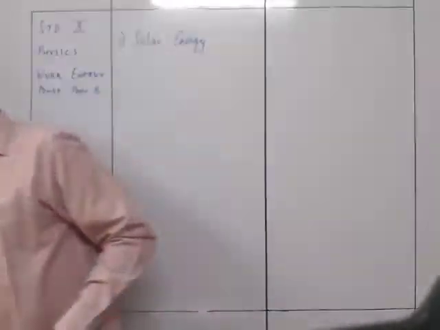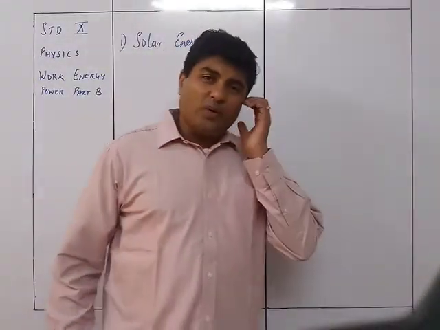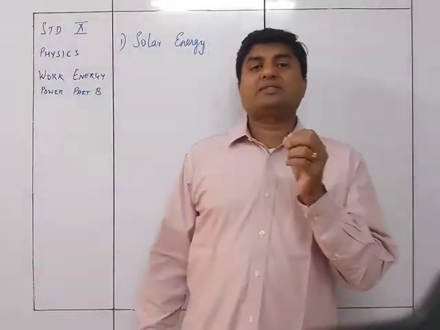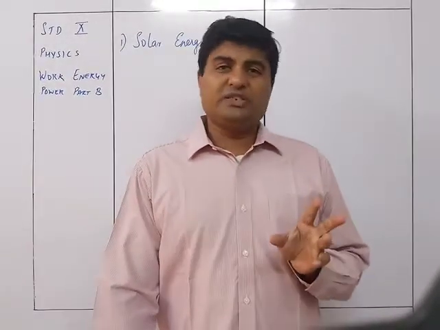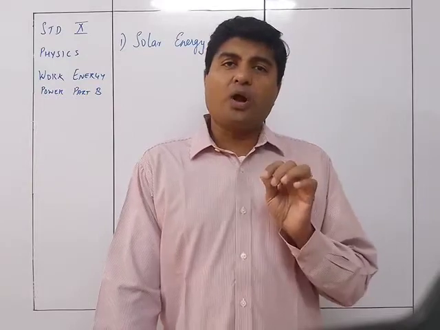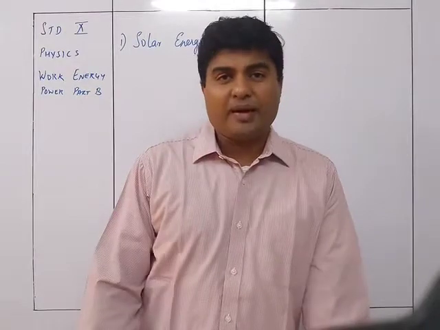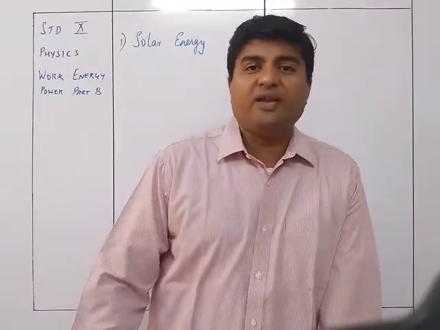The only thing over here is that these solar cells have very low efficiency. That's the reason they can be used only in very small devices, wherein the energy requirement of the device is very small.